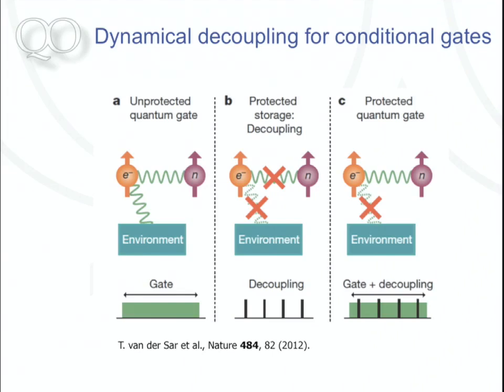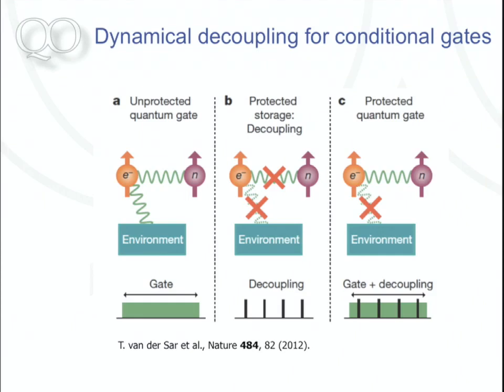This is the useful coupling that you want, and this is the not useful coupling, the environment disturbing your coherence. The usual dynamical decoupling, if you apply this to your electron spin, will just get rid of all the couplings. But that's clearly not what you want. You want to keep the good coupling to the nuclear spin, but get rid of the environment. And that's what has been achieved in this experiment.